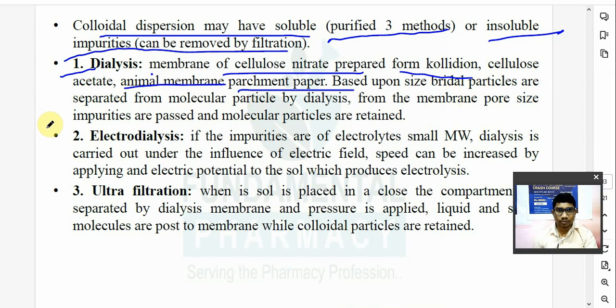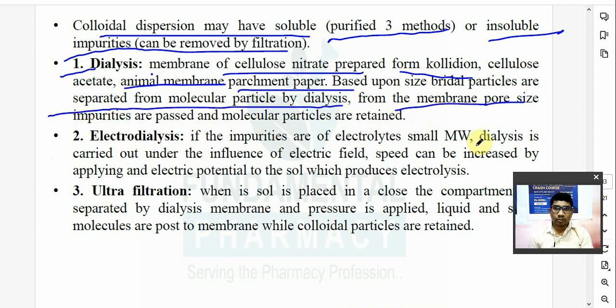So if soluble impurities are there, they can easily pass through the semi-permeable membrane, but colloidal particles will be retained over there. So they are separated from molecular particles by dialysis.